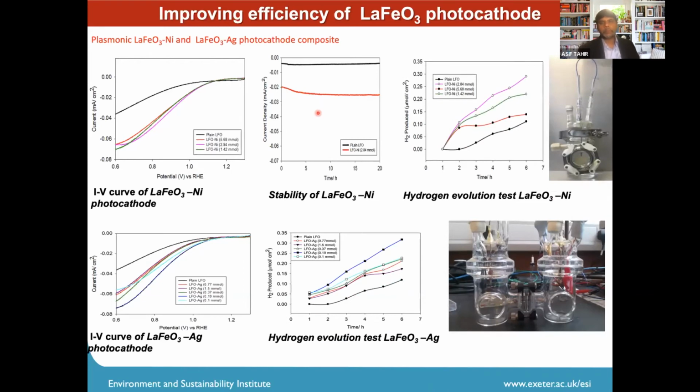And then we have used this material in a simple photoelectrochemical reactor. The material has shown excellent performance, as it can produce hydrogen on its own without the use of any photoanode.